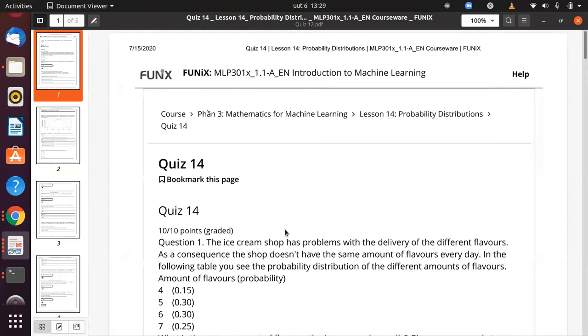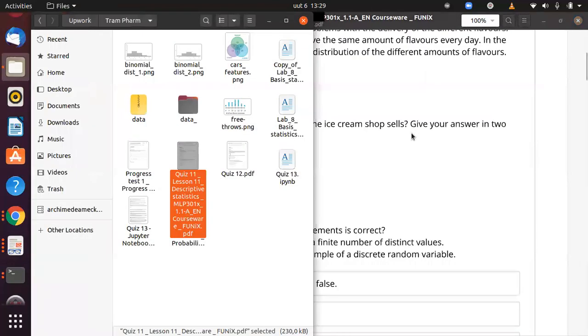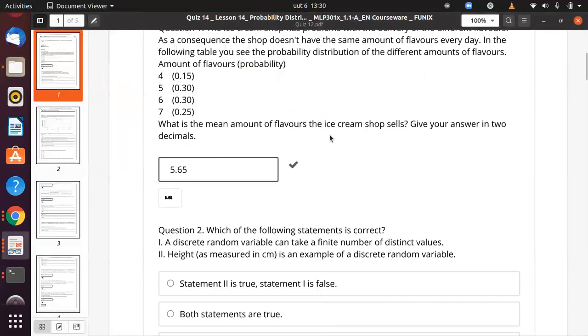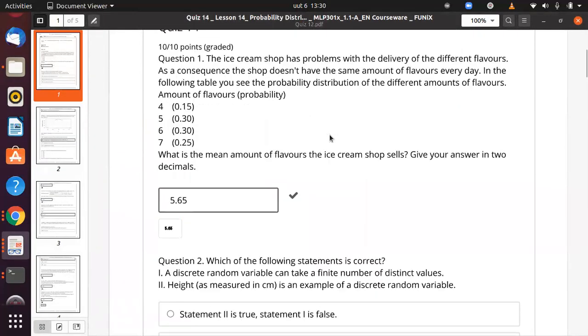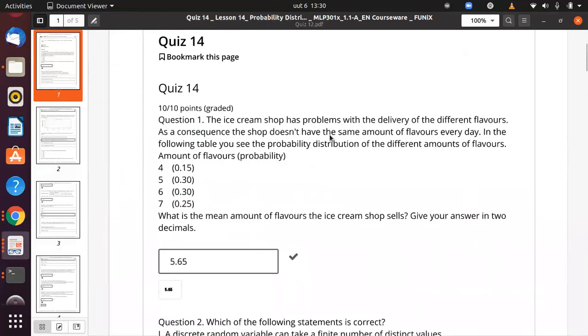Ice cream shop with different flavors. Can you scroll down a little bit so that I can see? Question 14.